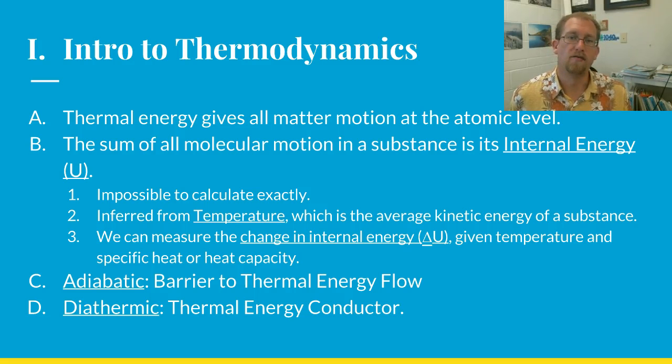And so we never know truly the actual total internal energy, but we can look at how the temperature of something changes, and we can determine from that change how much energy change there has been. And we can guess as to how much total energy there is in the thing, but it's always an approximation. The best measurement that we can take is looking at changing temperature, changing thermal energy in a substance.